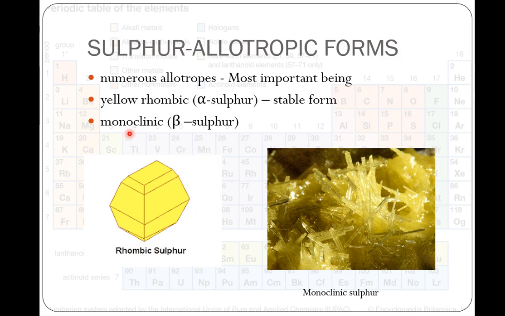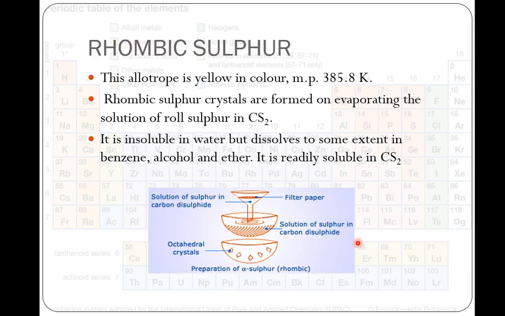And the second is monoclinic or beta sulfur. Here you can see the monoclinic sulfur. Rhombic sulfur is yellow in color with melting point 385.8 Kelvin.